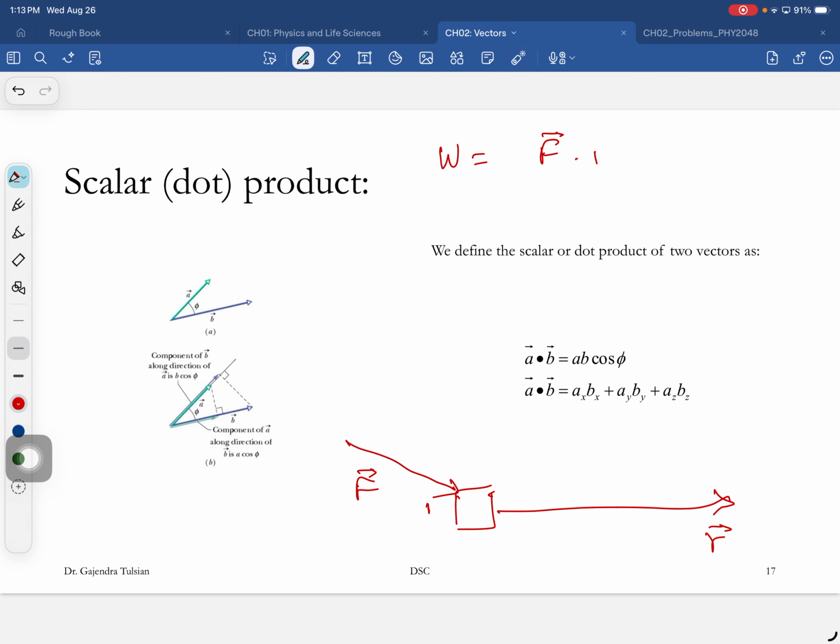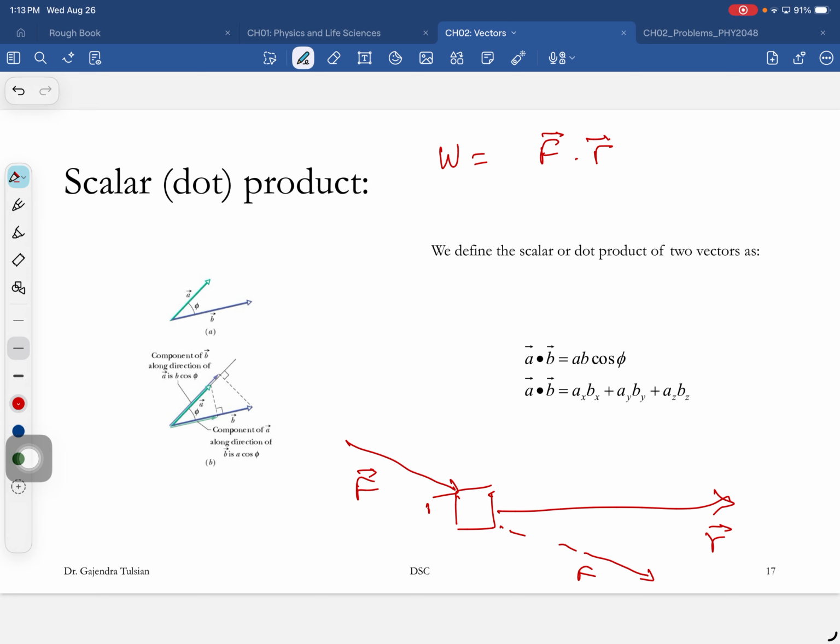The work you've done is F dot R. So there's F. When you apply that force through that displacement R, that's the amount of work you've done.